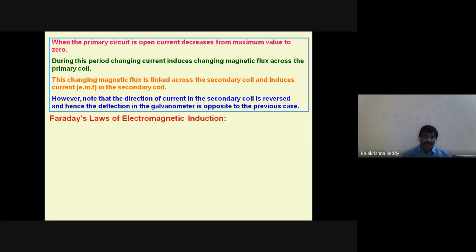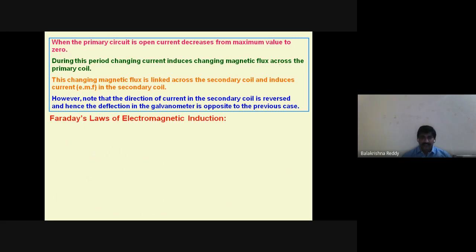After Faraday had done these two experiments, he understood and proposed Faraday's laws of electromagnetic induction from these two experiments. He proposed two laws.